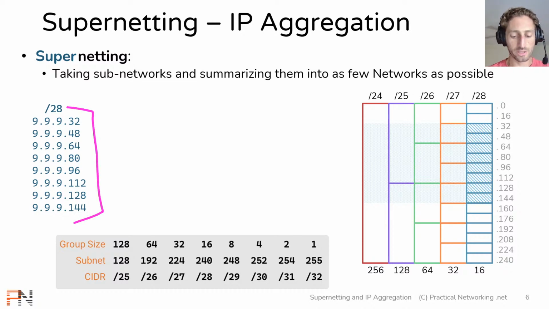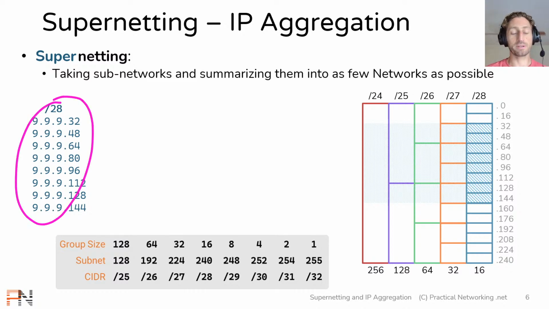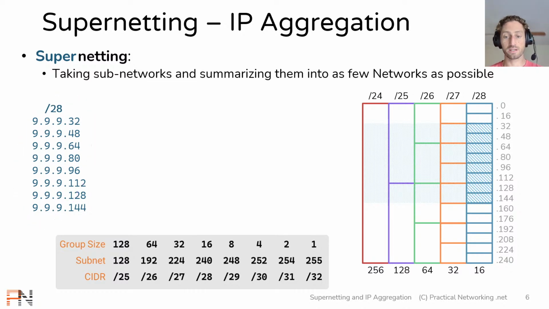Every single /28, if we look at this chart, has 16 IP addresses. Well, with 8 /28s, if we did 8 times 16, that gets you 128 IP addresses. A /25 has 128 IP addresses. So technically, a /25 has enough IP addresses to account for how many IP addresses are in these 8 /28s.